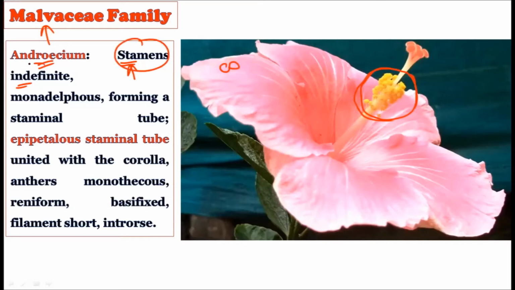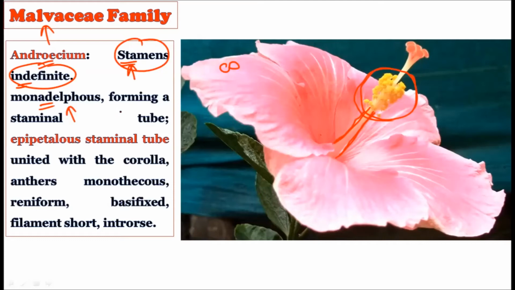So indefinite stamens are there, and they are monoadelphous. That is, they are fused to form only one staminal tube. See, this is the staminal tube which is coming out from this flower, and this staminal tube is single, and that is why we explain them as monoadelphous in nature.